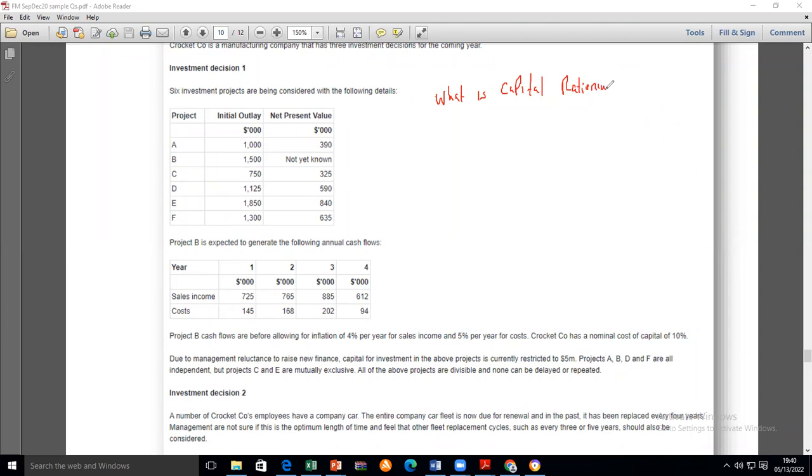When there are not enough resources. What type of resource? Let's be specific. When there's limited capital to invest. Yes, so there's insufficient capital. We don't have enough capital to invest in all the profitable projects.